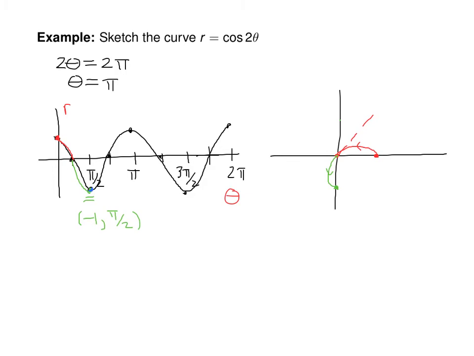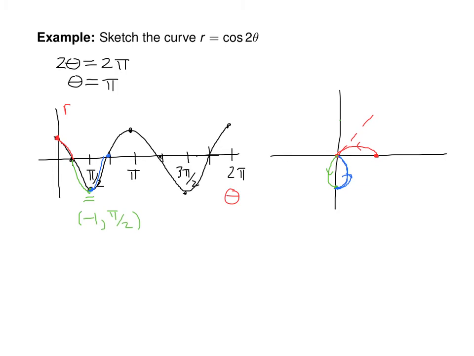Next, let's graph this bit. So by the angle, that would be 3 pi quarters. We're back at 0. And those radii were negative, so they reflected over into that fourth quadrant.